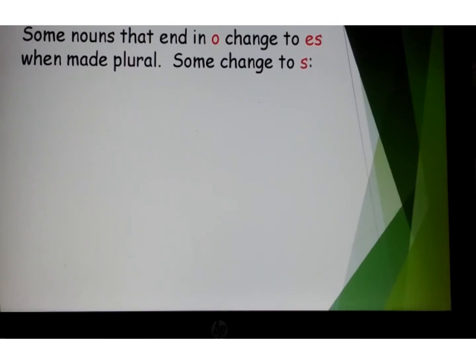Some nouns that end in O change to ES when made plural and some change to S. Like kangaroo, kangaroos. Now you can see here it is ending in O, right? So when you are making it plural, you have to add just S to it.